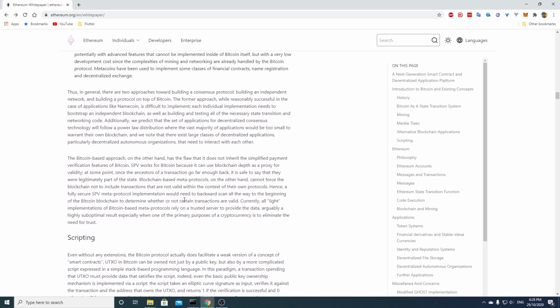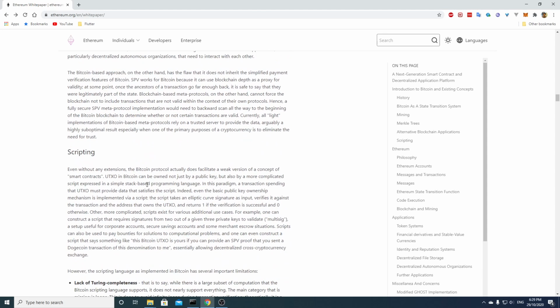You can verify the transaction exists, but you cannot verify that that transaction is not invalid. And of course, trusting a third party is not very good for cryptocurrency, which tends to say that they don't need trust.